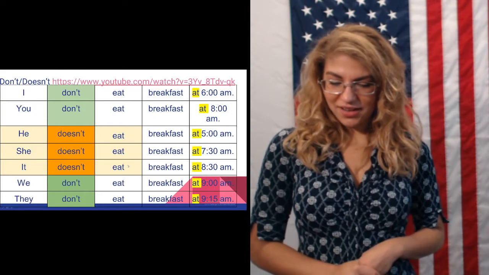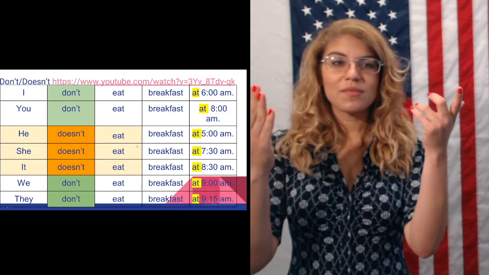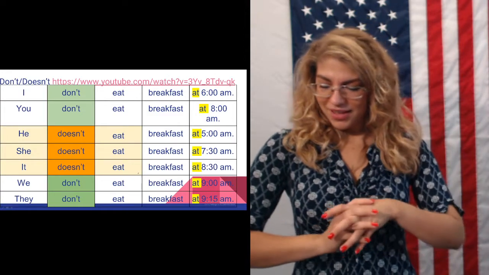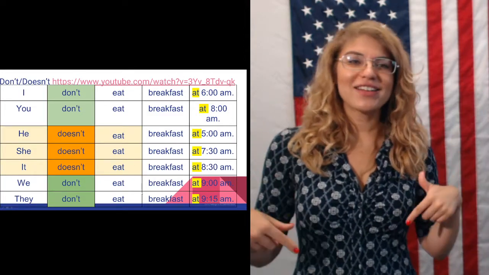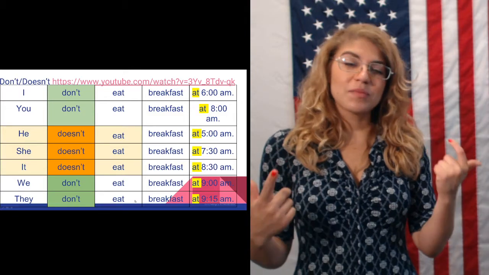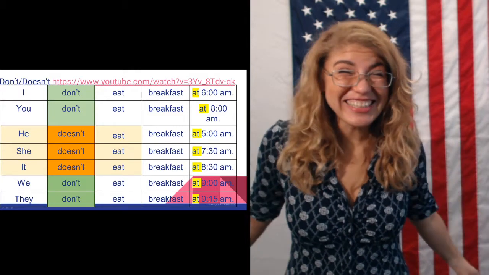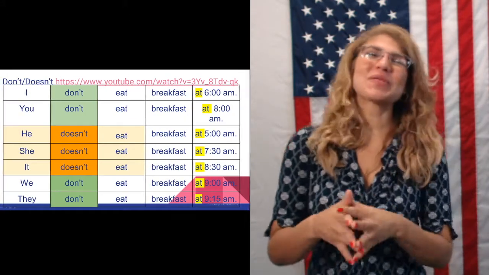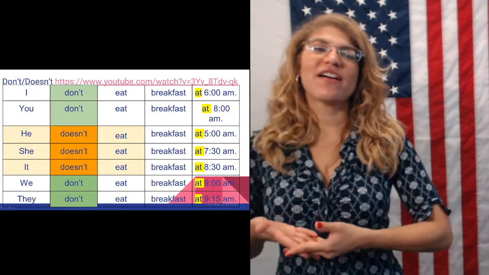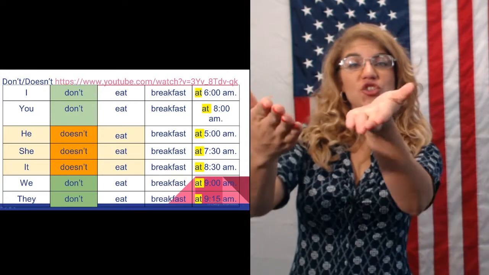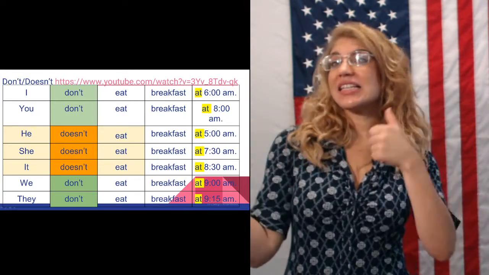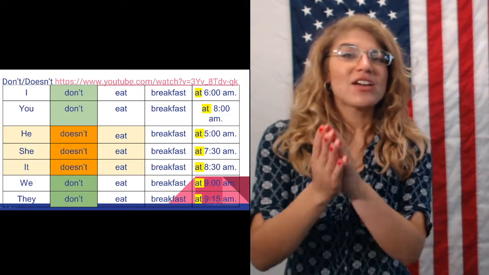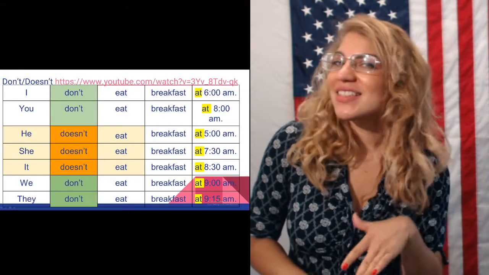All right. You'll see here, Miss Evie has so wisely put up on the screen the example of I don't eat and you don't eat and he, she, it doesn't eat. You notice that the verb is the same always.